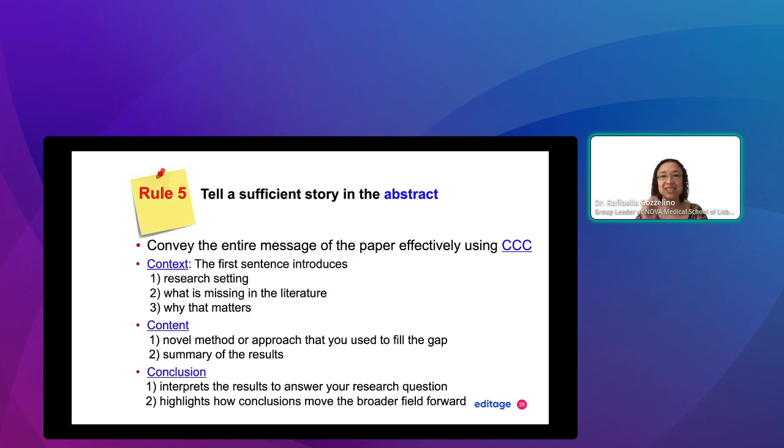So it is a summary of the results. And then in the conclusion, interpret the results to answer the research question and highlight how your conclusion can help the field to move forward to discover other important findings that might even open doors to other research fields.